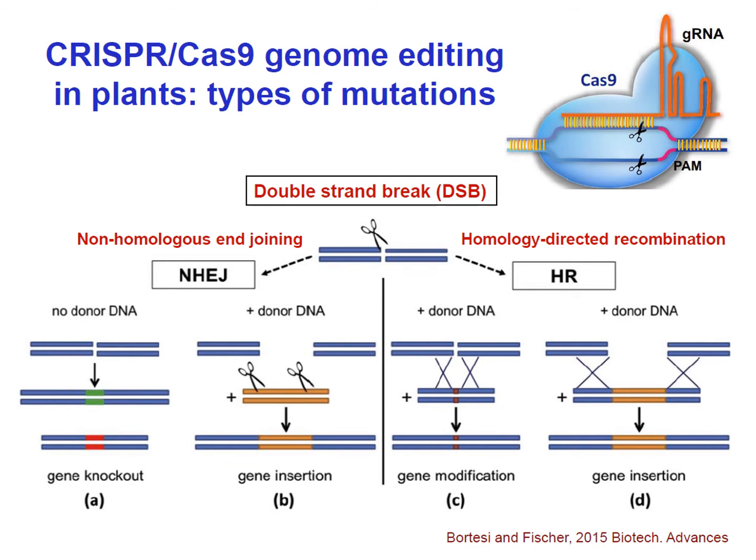Repair by NHEJ usually results in the insertion or deletion of random bases, causing gene knockout by disruption. If a donor DNA is available with similar sequence, leaving compatible overhangs, gene insertion can occur.